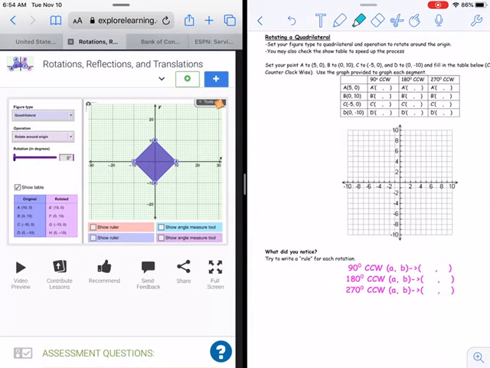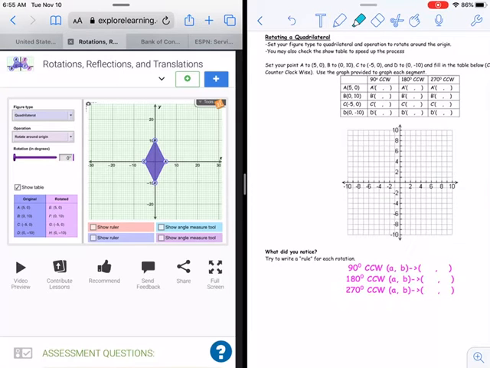A is at 5, 0. Oh, I was dragging the wrong point, embarrassing. There we go, 5, 0. B is at 0, 10, so B was actually where it needed to be before I ruined it. C is at -5, and then D's right there. What a beautiful looking quadrilateral.